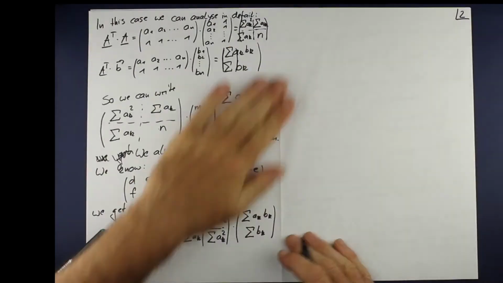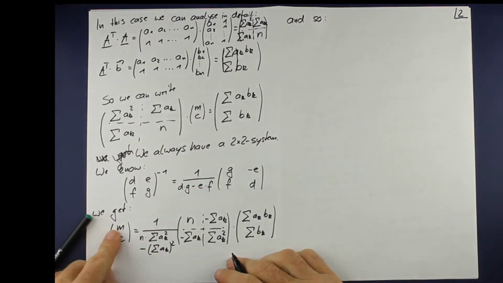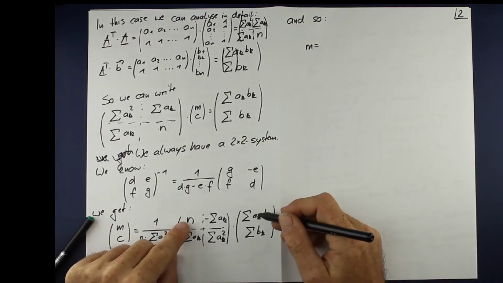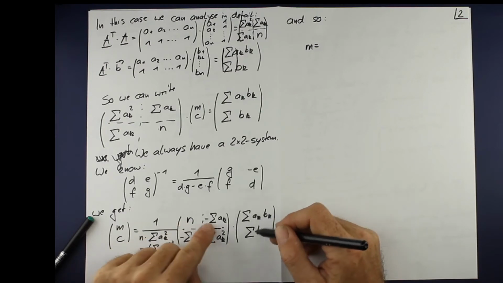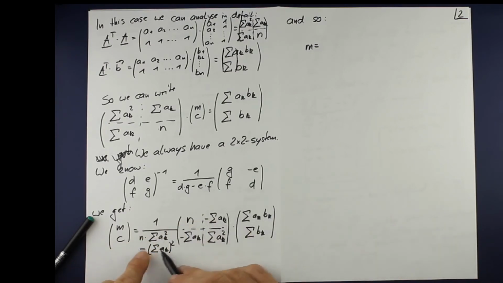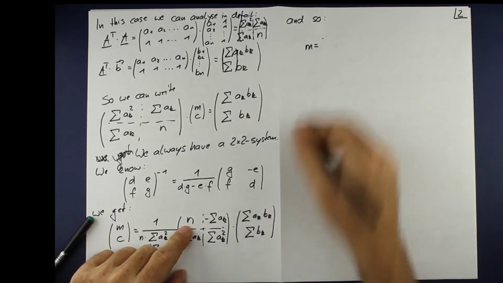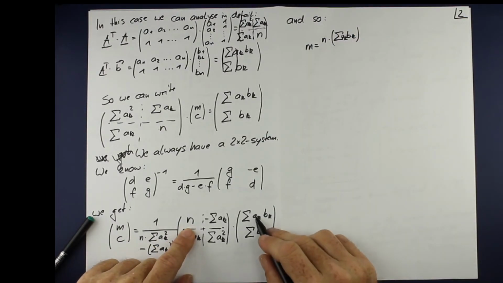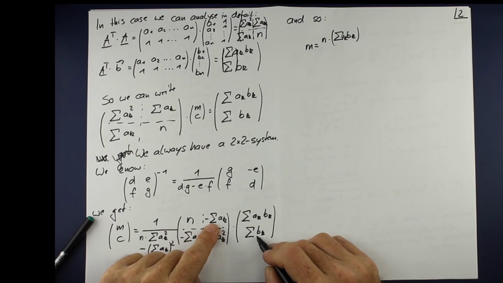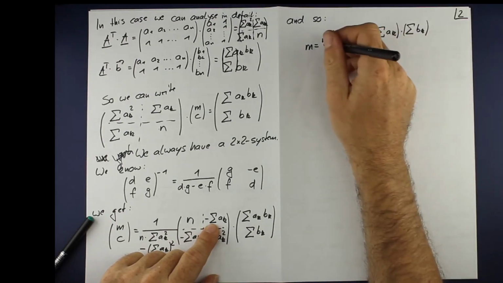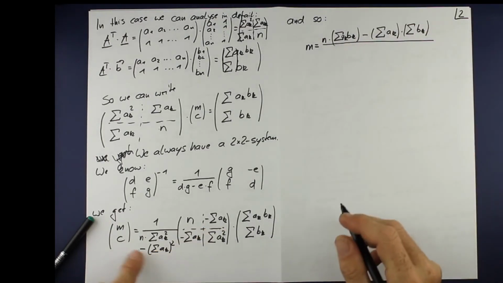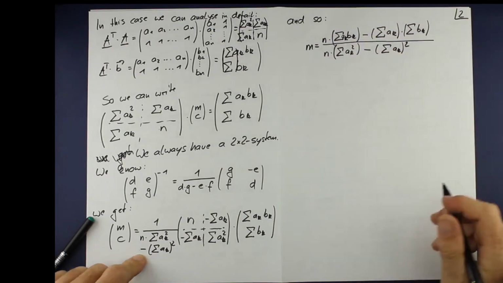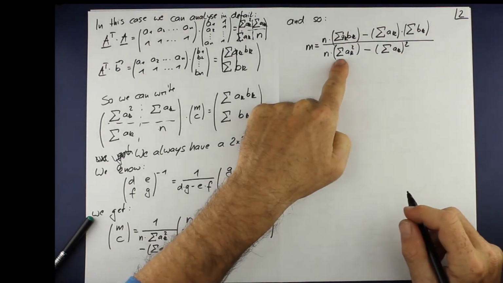Okay, what is the entry m? It's n times that plus that divided by that. And that's our m value.